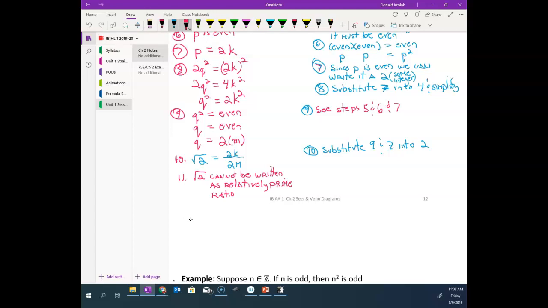Okay, and the reason is the ratio shares a common factor of 2. The fraction or the ratio 2k over 2m shares a common factor.